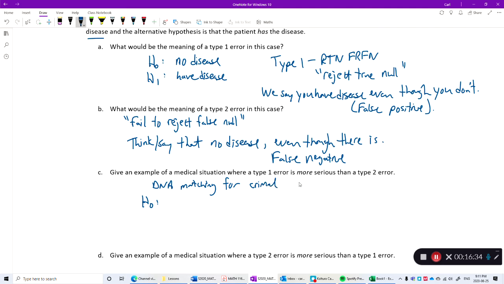We're going to say that if your DNA matches the crime scene, then you're guilty. The null hypothesis would be that there's no match. The alternative is that there is a match.